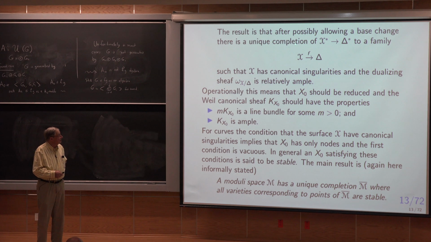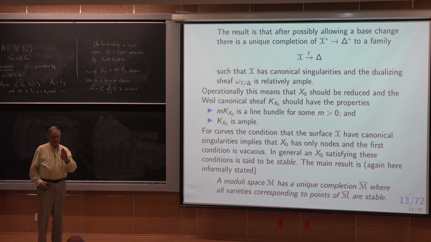And the result is, and this is the Kollár-Shepherd-Barron-Alexeev one, that there is a unique completion where the total space has so-called canonical singularities. I'm not going to explain what these are, but they're the simplest types of singularities that you can get. And the relative dualizing sheaf is relatively ample.